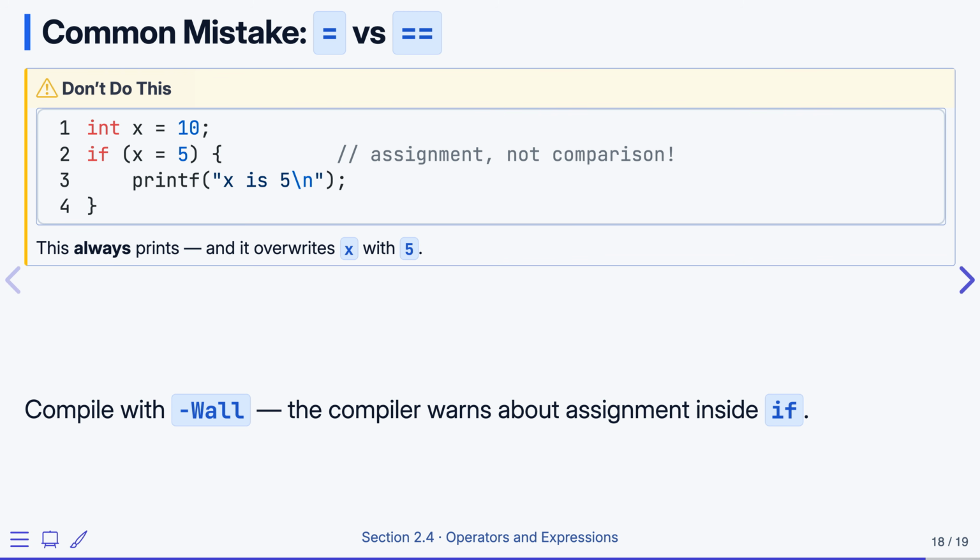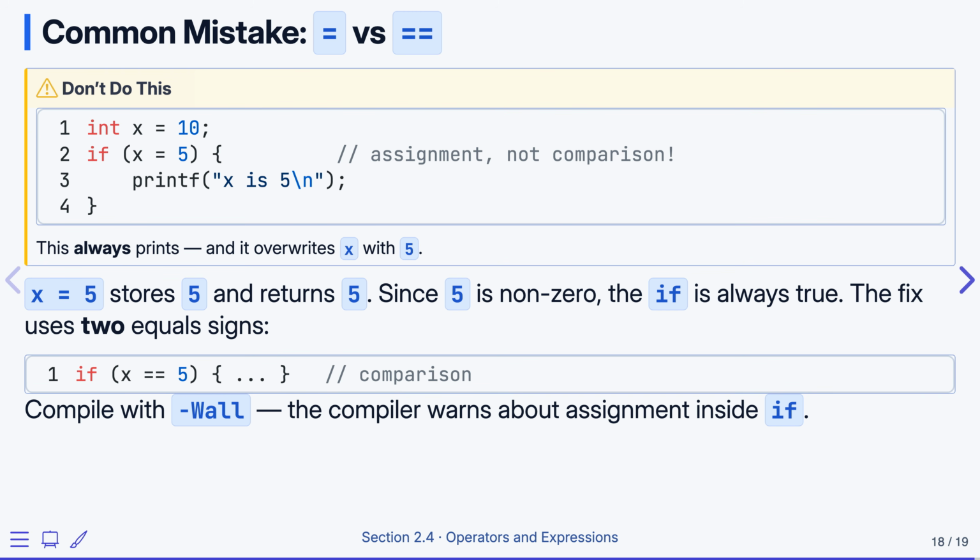And worse, the original value of x is gone, overwritten by 5. The fix is to use two equal signs, which means compare. A helpful habit is to compile with the -Wall flag. Many compilers will then warn you when you put an assignment inside an if condition.